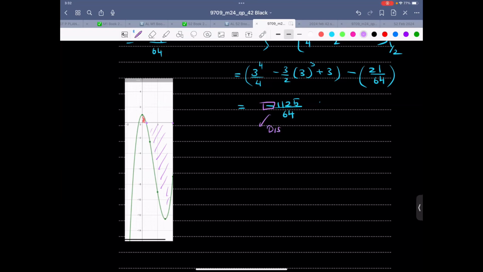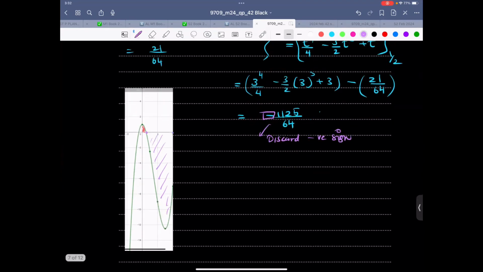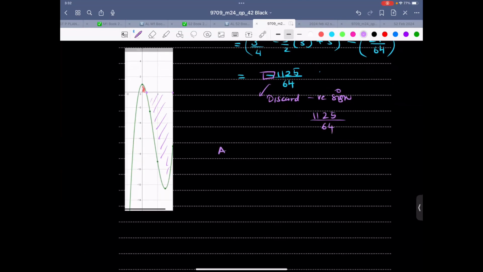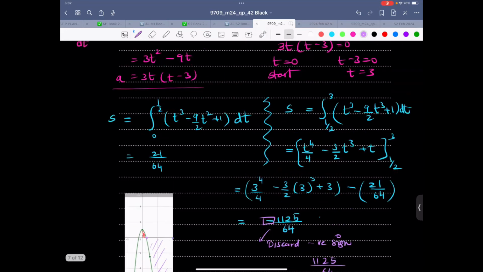So discard the negative sign, and we have 1125 over 64. Now add up the areas, which are the distances, and this comes out to be 1146 over 64. This can be written as 17.9 meters. That is the answer for this particular part.